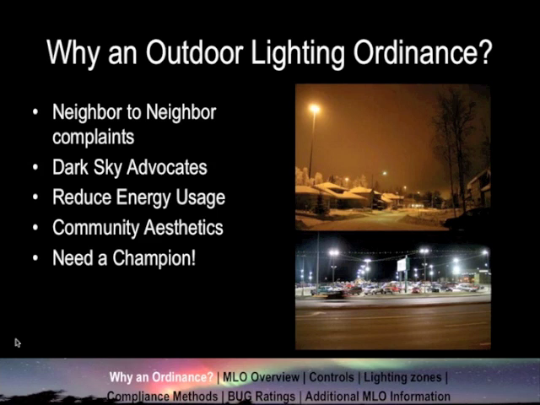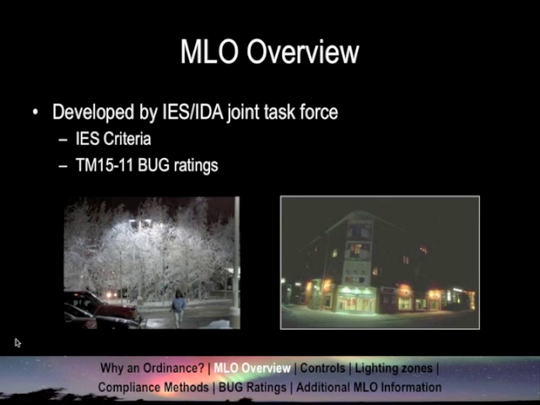Well, fortunately, we now have a Model Lighting Ordinance, which, like I mentioned, was developed jointly by two outstanding organizations to make sure that the ordinance actually is technically sound, but also will do some of the missions that you would want to do.